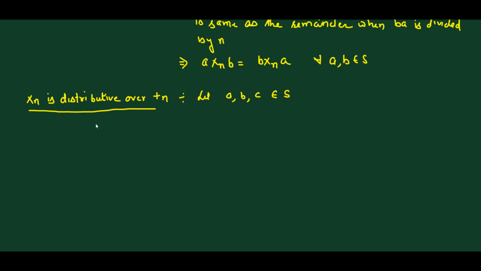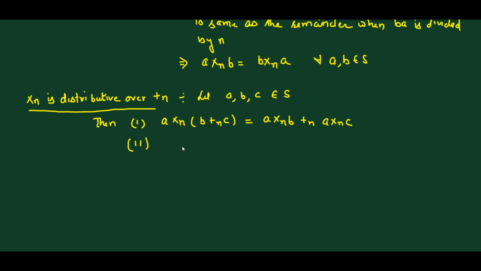Generally we have to show that, let A, B and C be three arbitrary elements of S. Then we have to show that the left hand distributive law holds. So what is the left distributive law? That means multiplication is distributive over addition from the left hand side. That means you can rewrite this as this plus this. Similarly, what is the right hand distributive law?